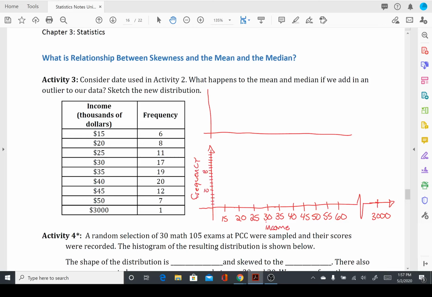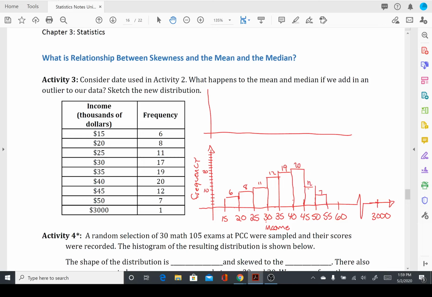Okay, so I had 6 people making 15,000. So I've counted by 2s. There's my 6 folks making 15,000. And I had 8 people making 20, and so forth. Then I've got 17, 19, 12.